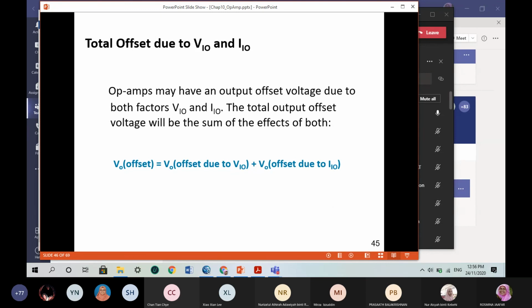For the total offset due to VIO and IIO, op-amps may have an output offset voltage due to both factors, input offset voltage and input offset current. The total output offset voltage will be the sum of the effects of both. Therefore, VO offset is simply VO offset due to VIO plus VO offset due to IIO.